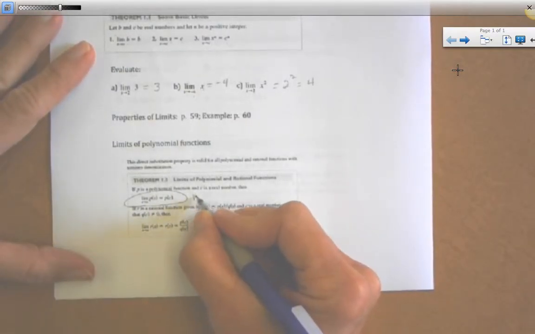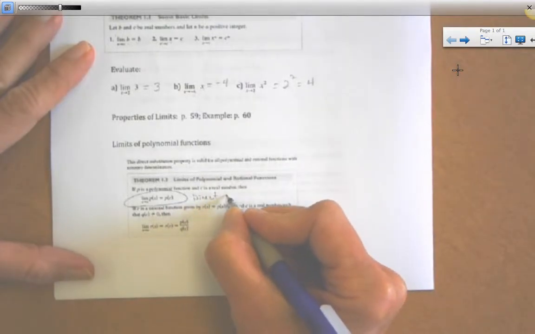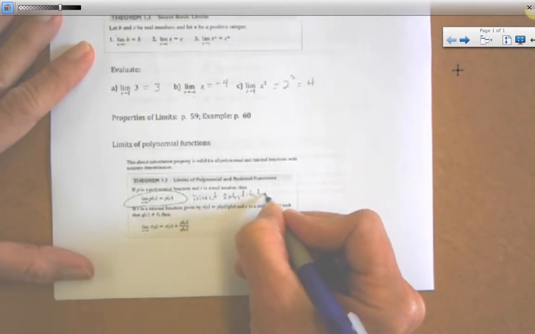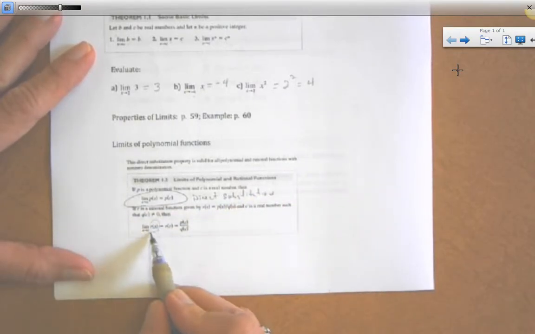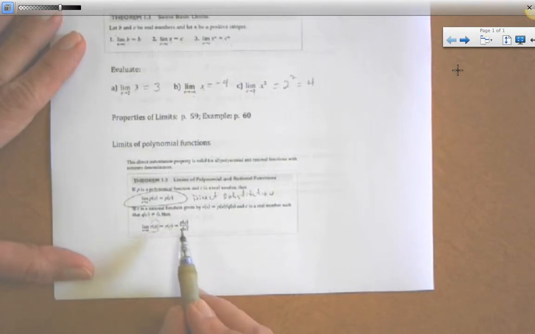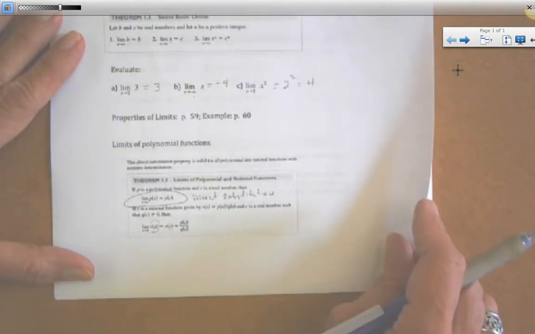You can just use direct substitution. Just plug in the value. And if you have a rational function, meaning a fraction of polynomials, to find the value of that limit, if direct substitution works, you can just plug it into the numerator and the denominator and get those values.